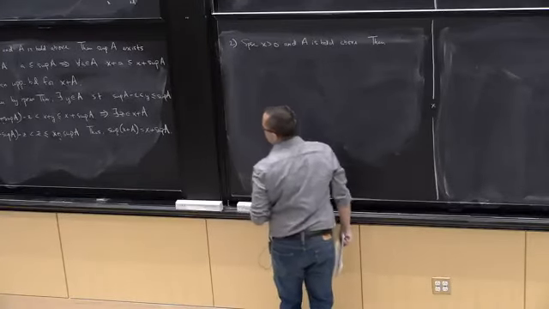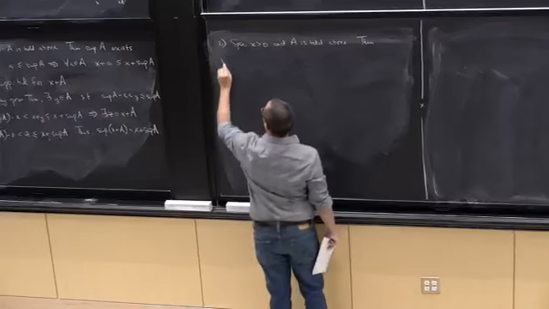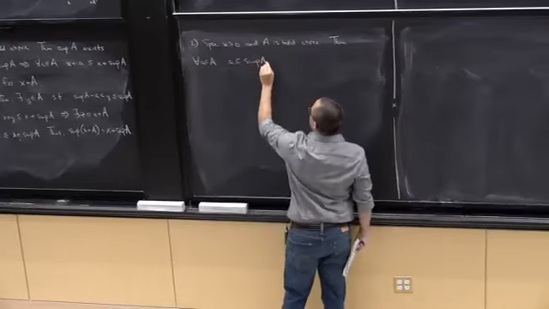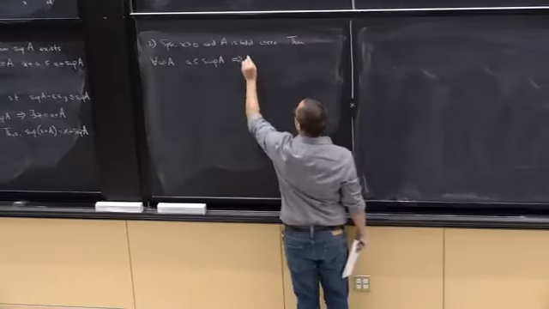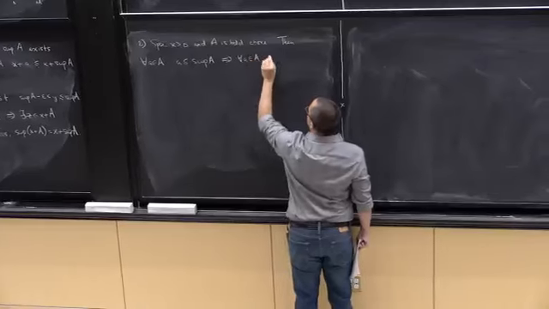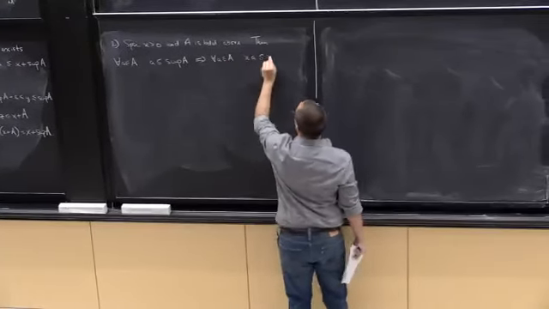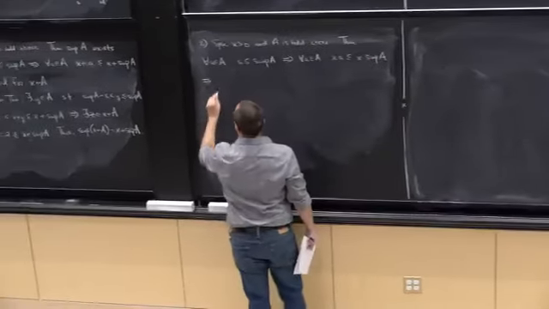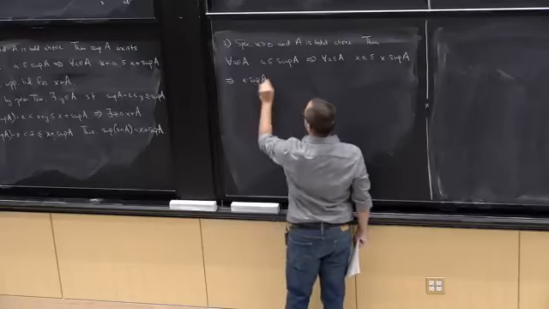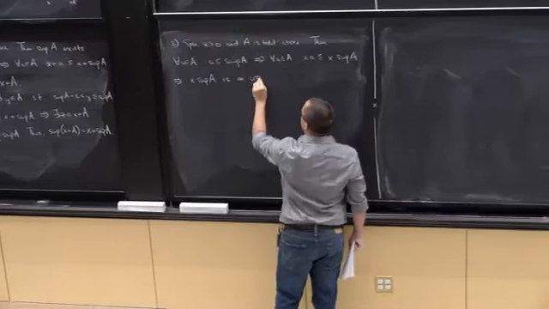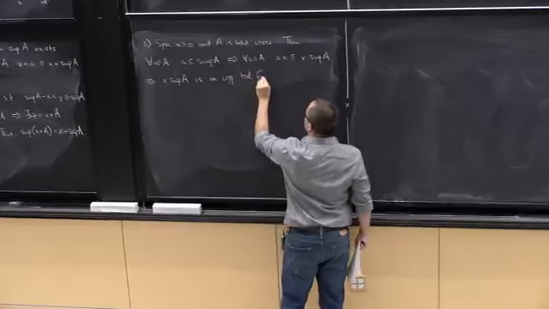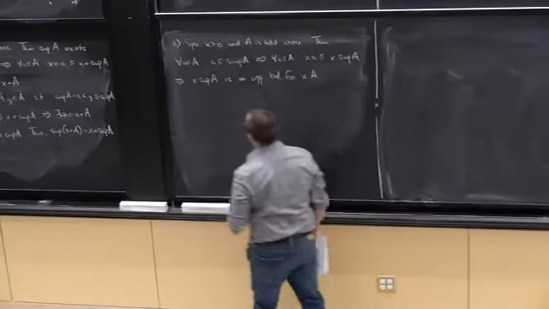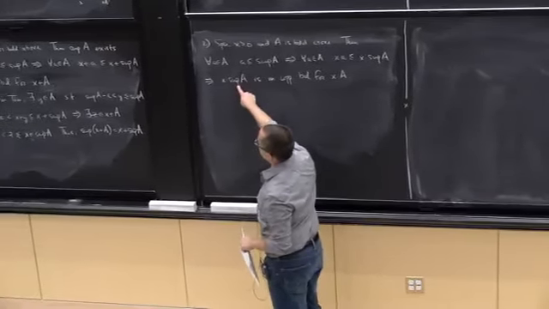And because sup A is an upper bound for capital A, then for all little a in capital A, a is less than or equal to sup A, which implies that for all a in A, x times a is less than or equal to x times sup A, which implies that x times sup A is an upper bound for x times A. Okay, so we've proven that x times sup A is an upper bound for the set x times A.